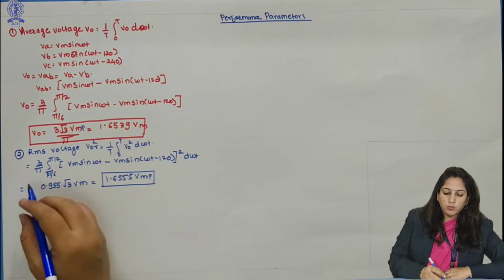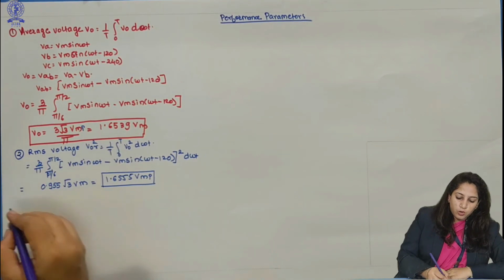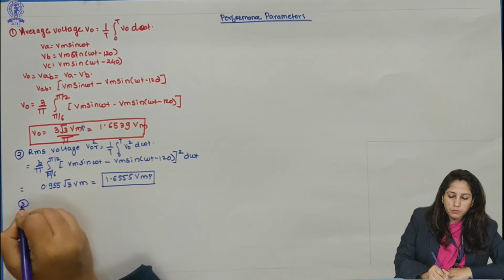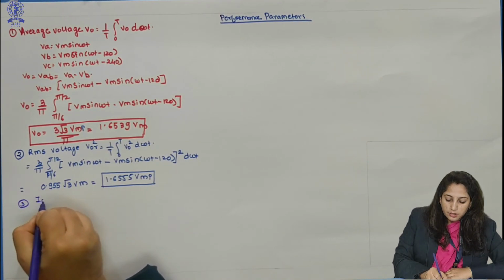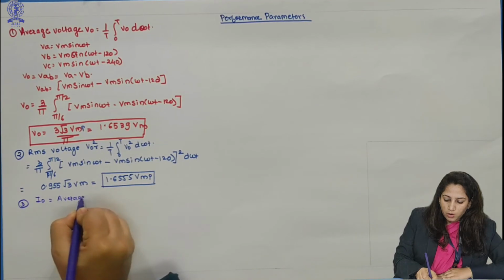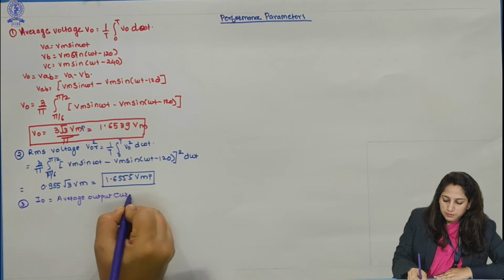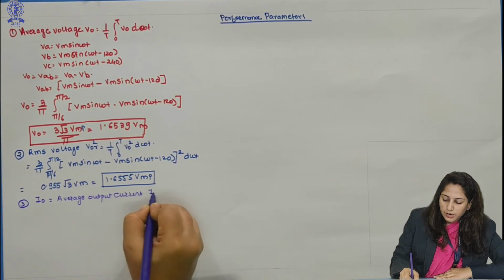So we have got our average voltage and our RMS voltage. Now we need to find IO, that is the average output current, which is equal to I0.